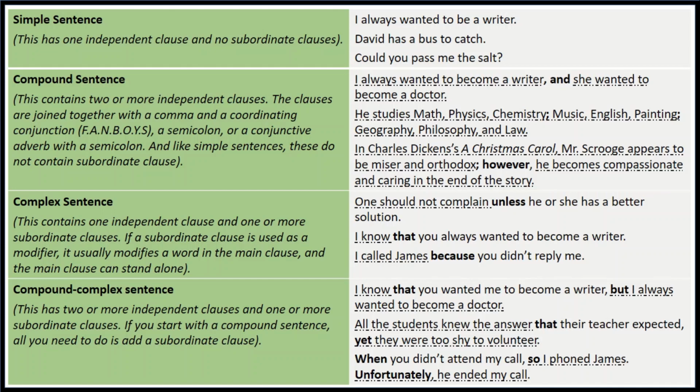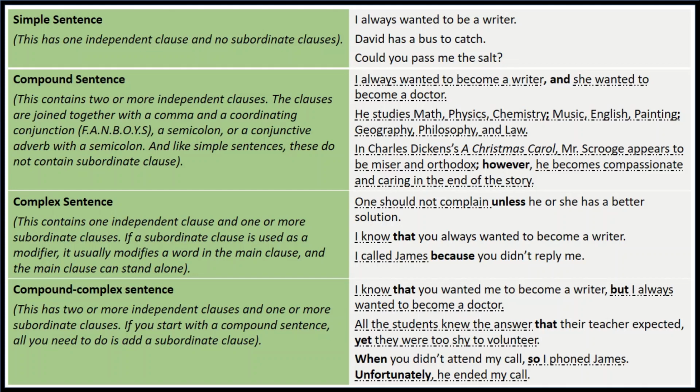If I skip the first clause and just read the second, unless he or she has a better solution, one can tell it's not a complete thought, it's incomplete. So therefore, it is a subordinate clause. One independent clause and one subordinate clause make a complex sentence.